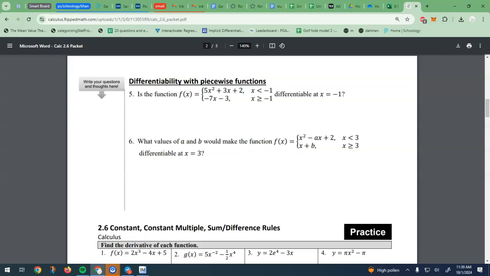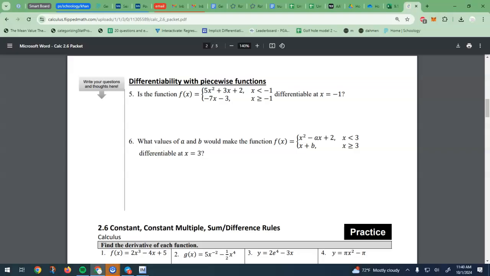So the y values matching makes it continuous, and the derivatives matching makes it differentiable. So we gotta check. I gotta plug this -1 into both, and let's first make sure that the y values match. Plug -1 into the bottom. That's positive 7 minus 3.